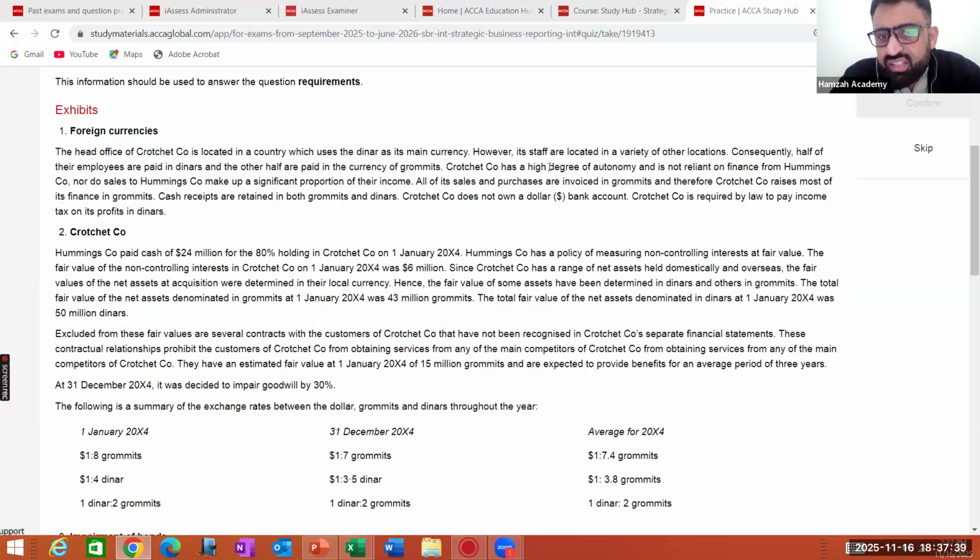All of its sales and purchases are invoiced in Grommets, and therefore the C company raised most of the finance in Grommets. Cash receipts are retained in both Grommets and dinar, and C company does not own a dollar bank account. C company is required by law to pay income tax on its profit in dinar. This is exhibit number one.